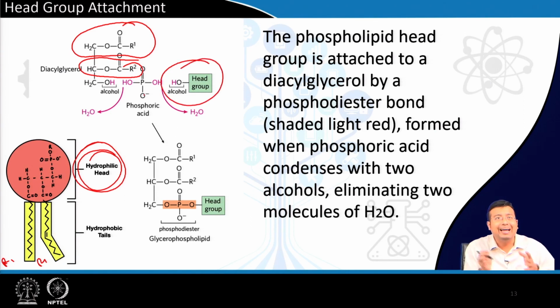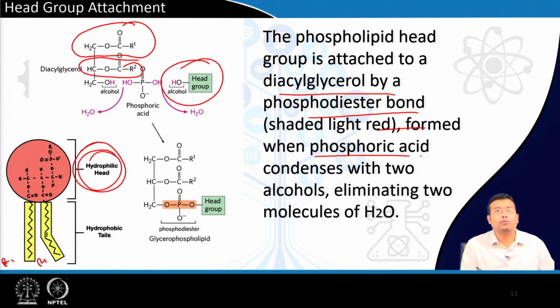How does it happen? It happens by a phenomenon where phosphoric acid, when it condenses, eliminates 2 molecules of water. So, the phospholipid head group is attached to a diacylglycerol by a phosphodiester bond. What is a phosphodiester bond? It is the bond formed, O-P-O from both sides, when a phosphoric acid condenses with 2 alcohols.